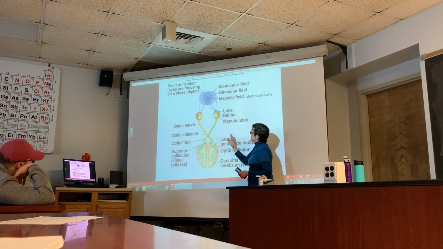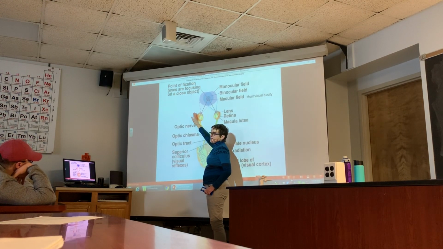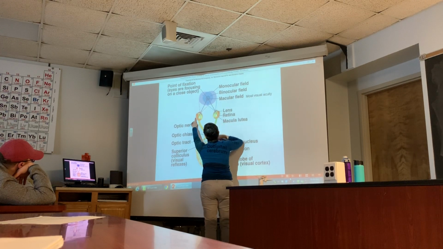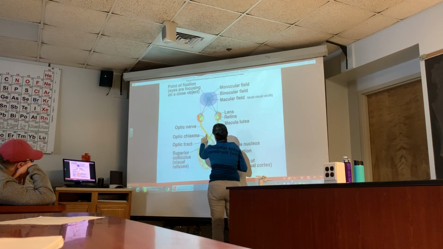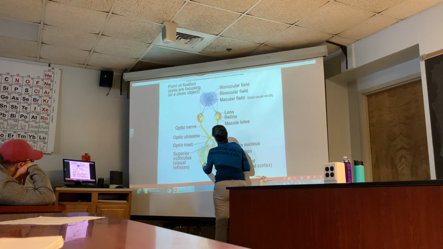So the image that's hitting the left side of the eye, I should say in this case, we're looking down on the eye. The light that's hitting the left side of each eye, if you trace the lines, the image that goes to the left side goes to the left side of the brain.